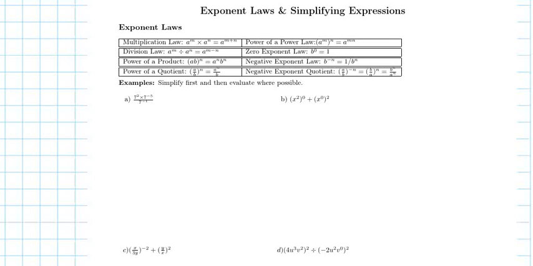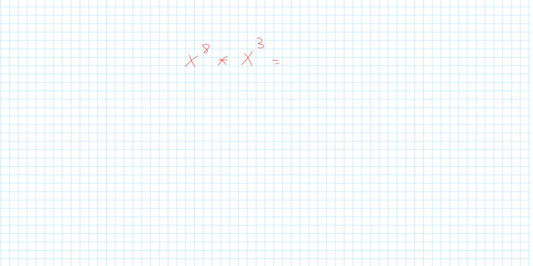So for example, if I have x to the power of 8 multiplied by x to the power of 3, because I have two terms that have the same base and I'm multiplying them, I can simplify this. What would this simplify to? So I keep the base and add the exponents. Correct.